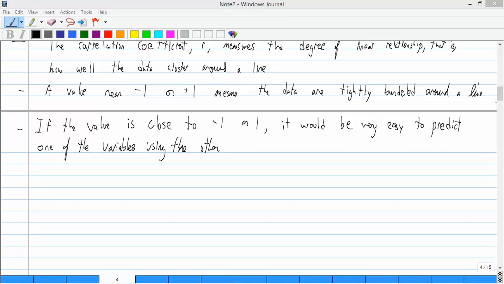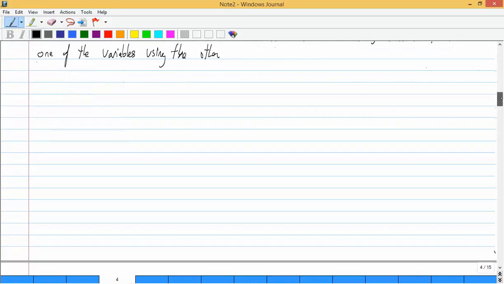Alright, just like you would probably come to the conclusion, if you're thinking about a positive relationship, a positive association is indicated by a plus sign, and it indicates an upward sloping relationship.